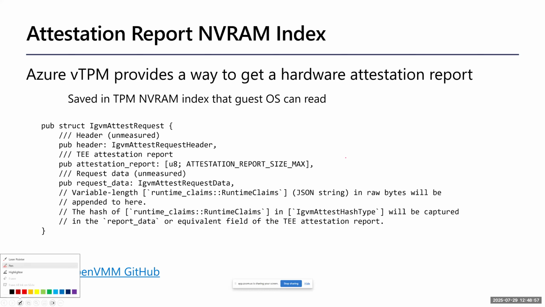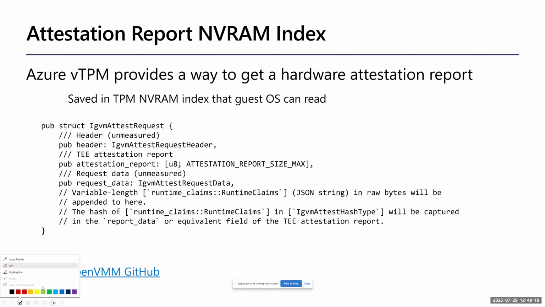What I'll point at is we have our own header that we define, the contents of the platform attestation report itself, followed by additional runtime data that's produced by OpenHCL. And the hash of that data is included in the platform report as additional data.